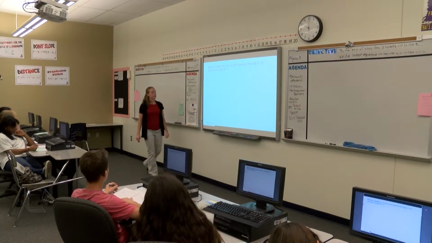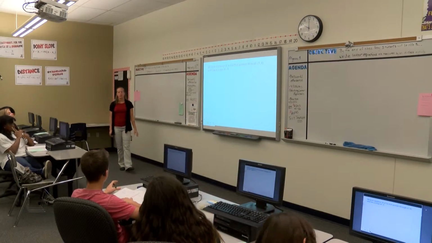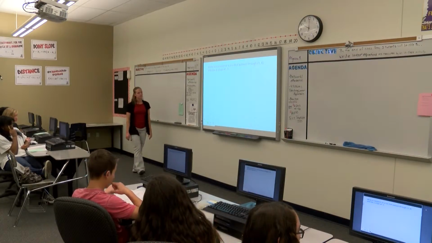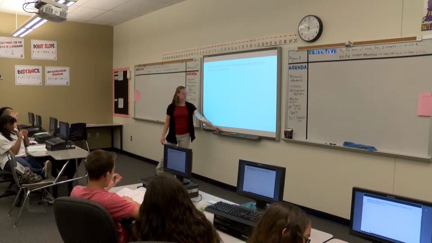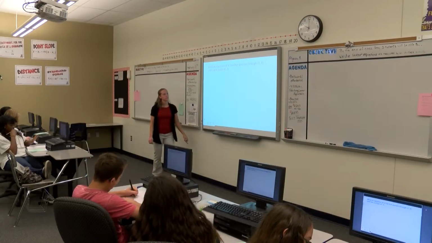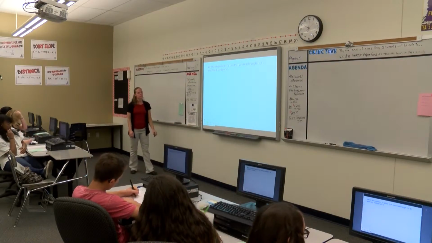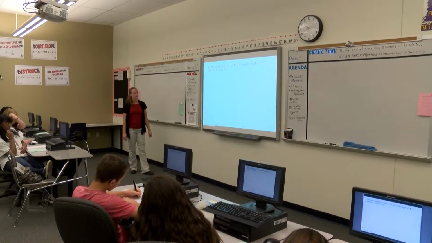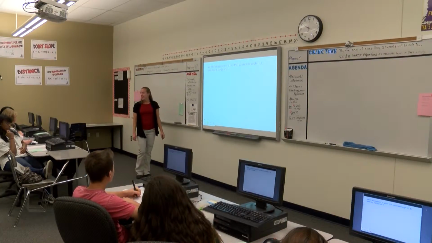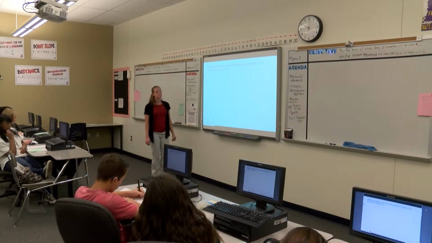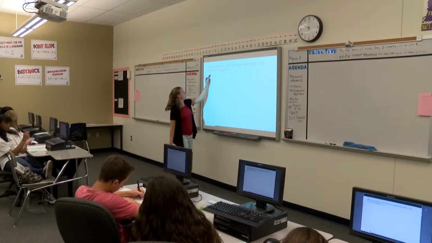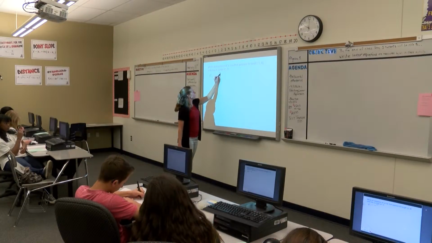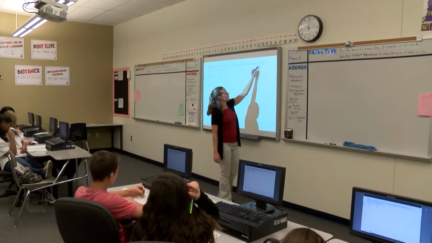All right, take a second to read it and find your important information. Do I have my slope? Yep. And I have a point. What do I label the point?